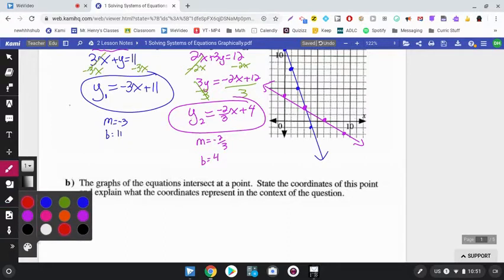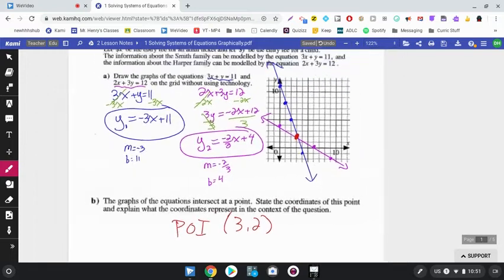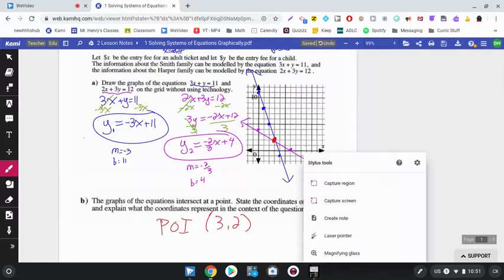So that is the point of intersection, POI. Instead of writing point of intersection, I might just write POI is (3, 2). In the context of this question, that is the point where both lines have the same values.